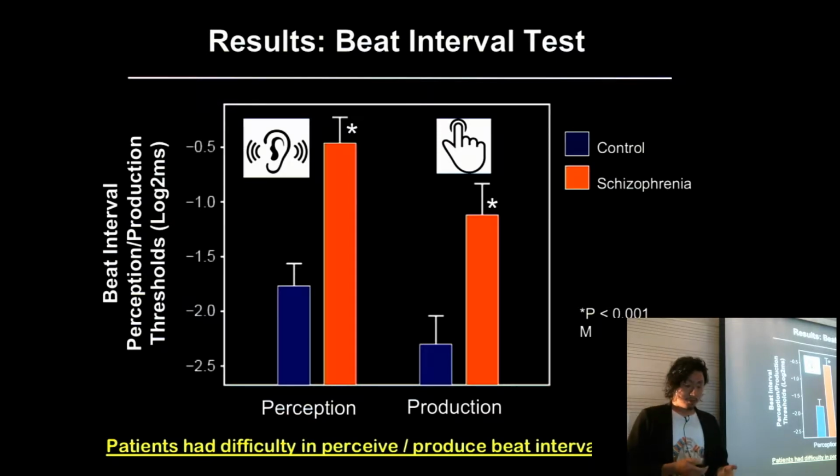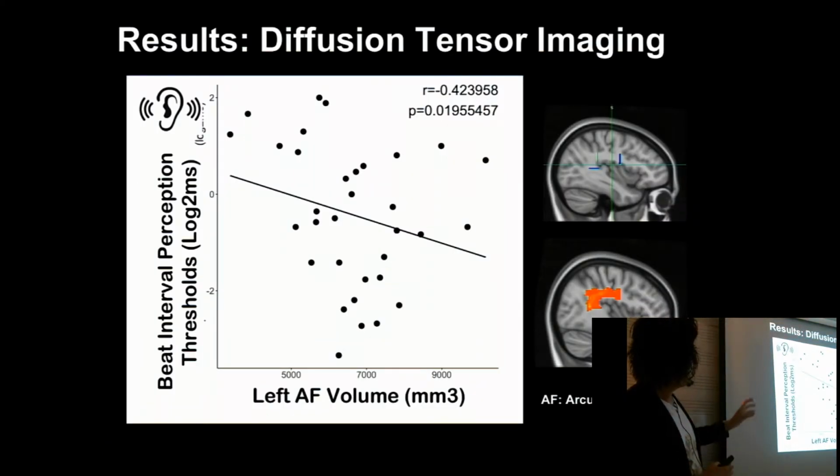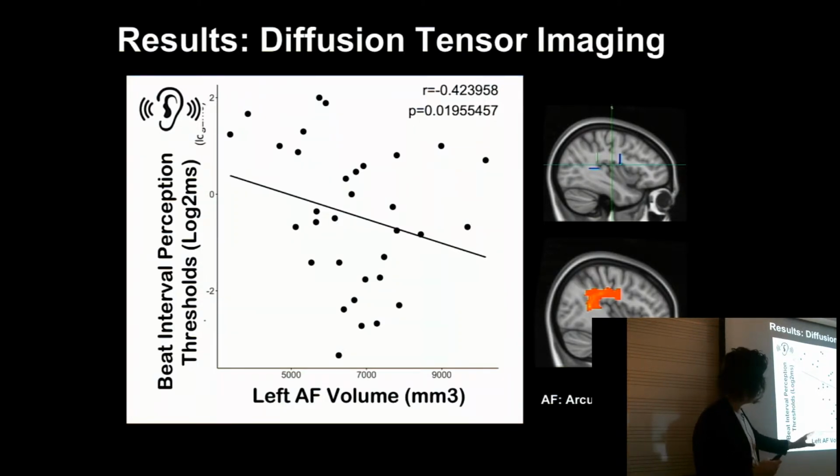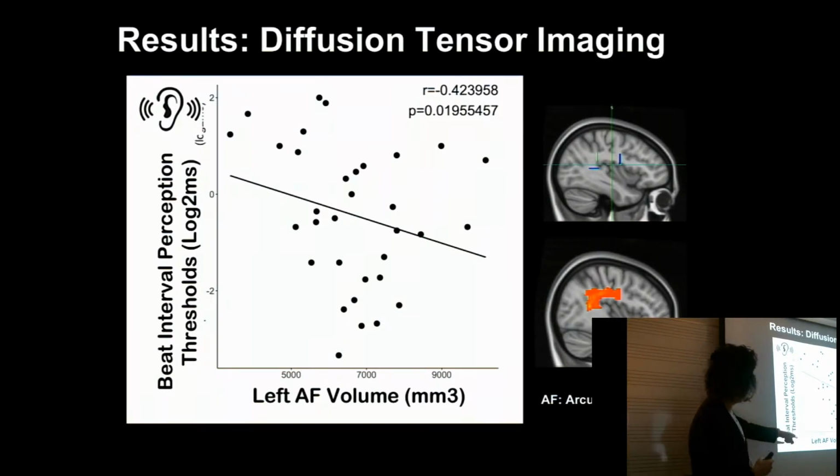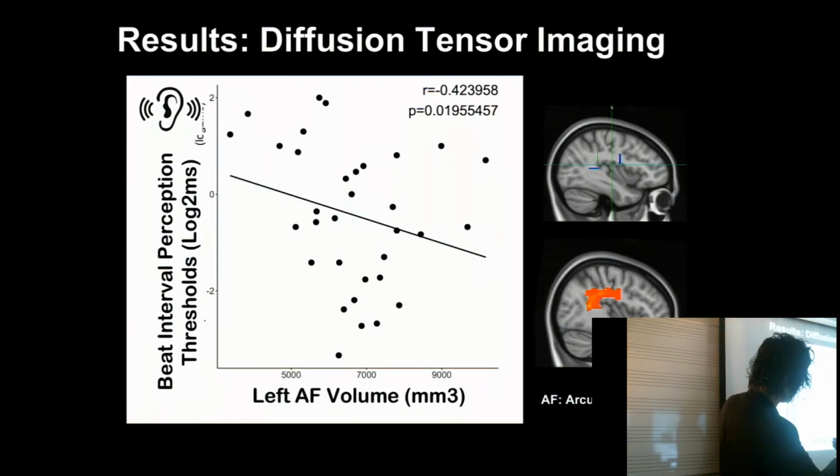So here we further investigated. The vertical axis is the measure from the beat interval perception threshold, and the lateral axis is the tractography result, from the left arcuate fasciculus volume, shown here, from Wernicke's area to Broca's area.